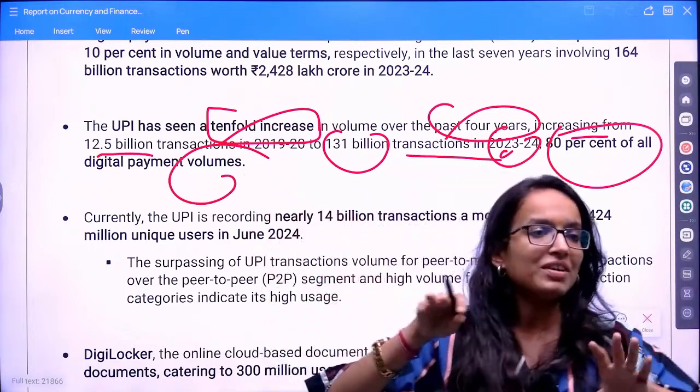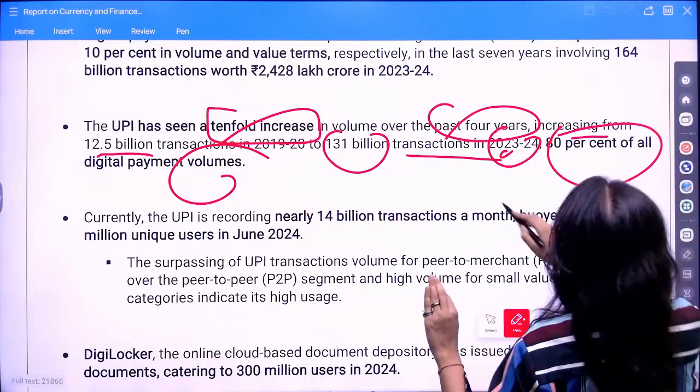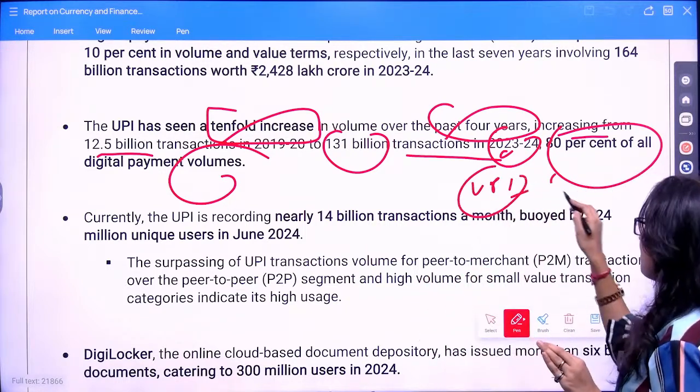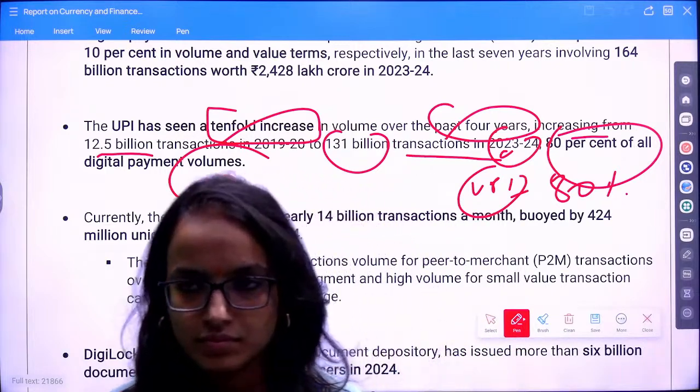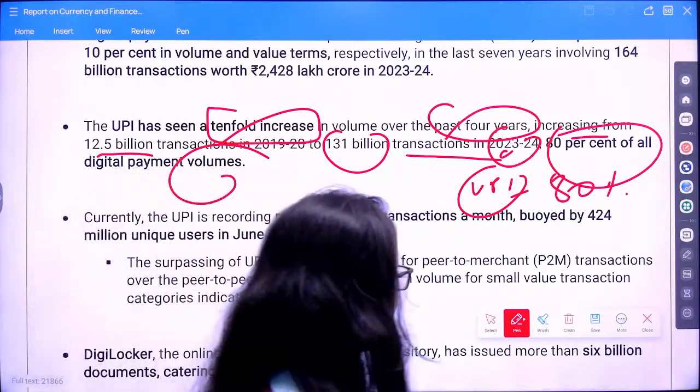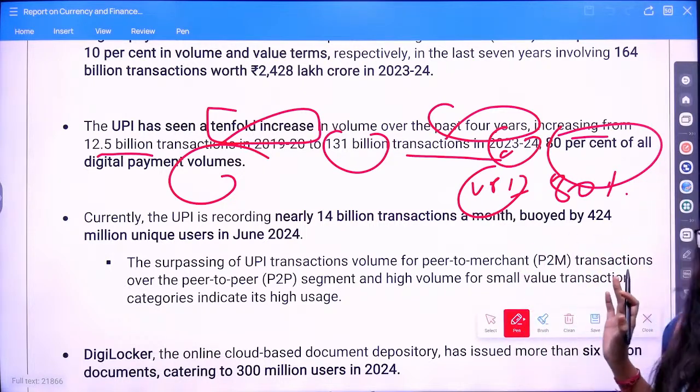So whatever digital payment has been done in terms of volume, UPI alone accounts for 80% of all. Remember this, right? This is 80% of all digital payment volumes.